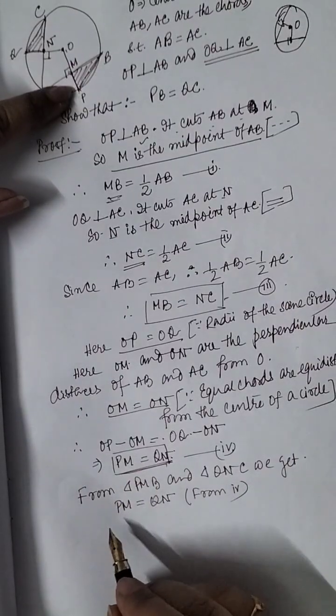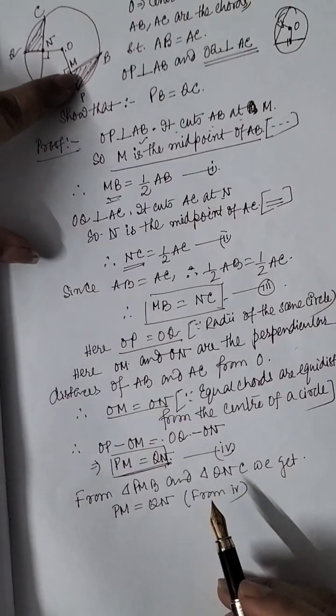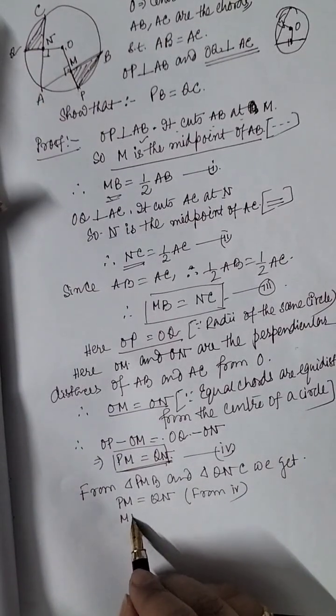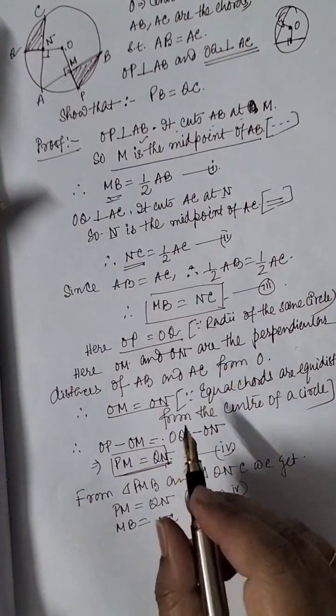Right? This relation. We get MB, means this one, MB equals to NC from 3.